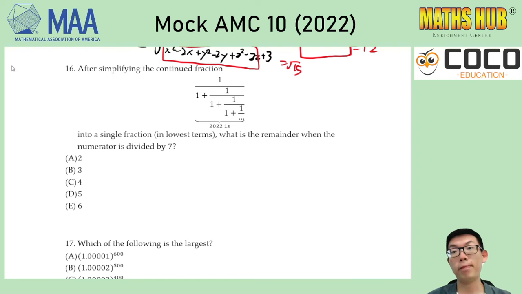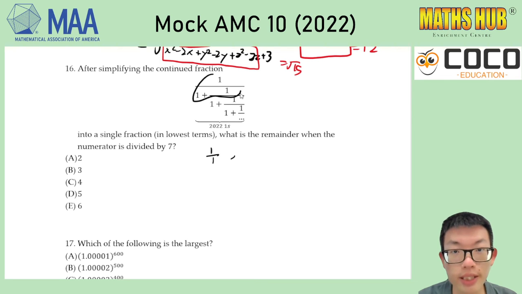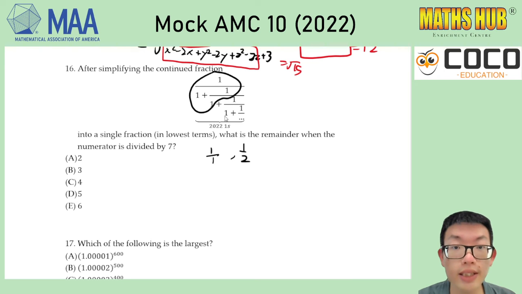And I guess we can start like this, right? So you've got 1 over 1. Then after that, if I had these three, it will be 1 over 2. Now, I think it isn't really going to make much sense to just have a 1 over nothing, right? I should do it like this. So this is 1 over 2.